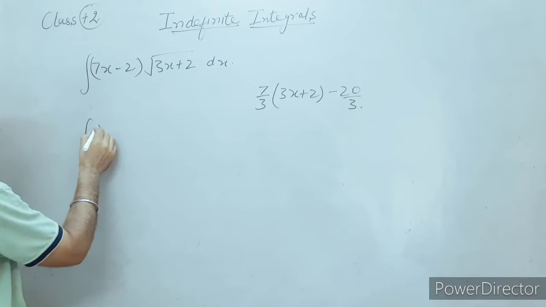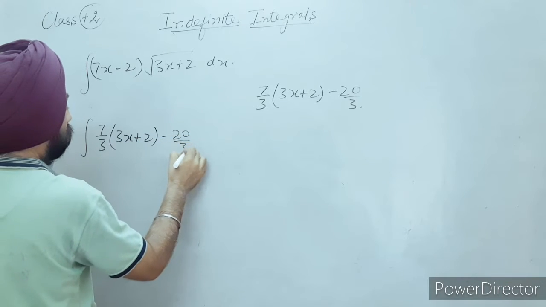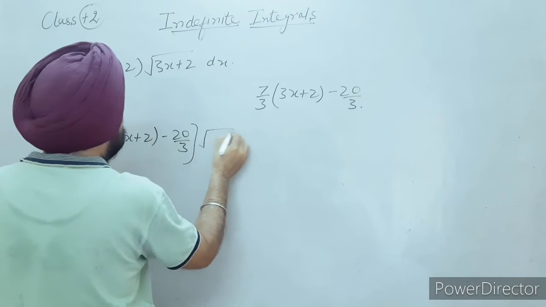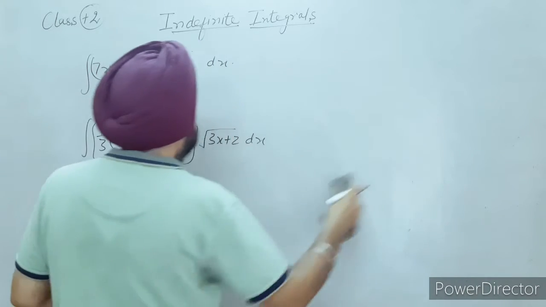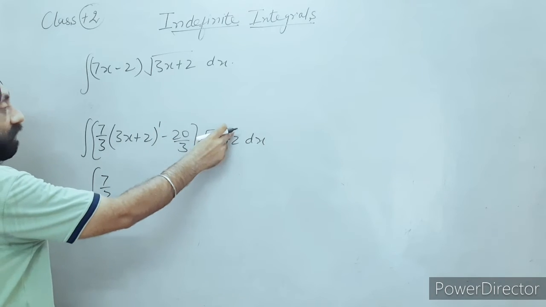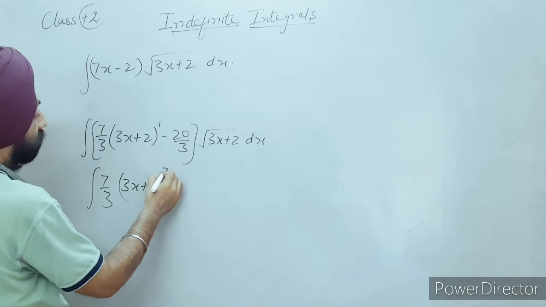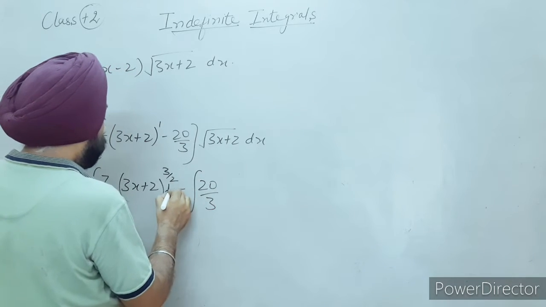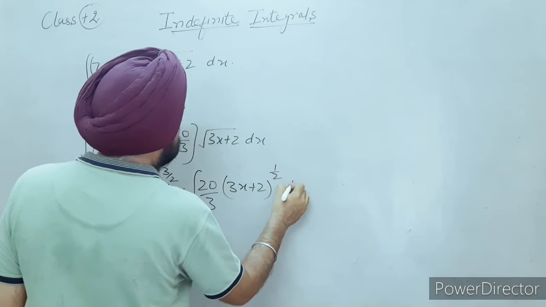So I get 7 by 3 times 3x plus 2 minus 20 by 3, into under root of 3x plus 2 dx. Now look, it becomes so simple. That is 7 by 3, its power is 1, and the other power is half. Multiply: I get 3x plus 2 raised to power 1 plus half, that is 3 by 2, minus 20 by 3 into 3x plus 2 raised to power half dx.